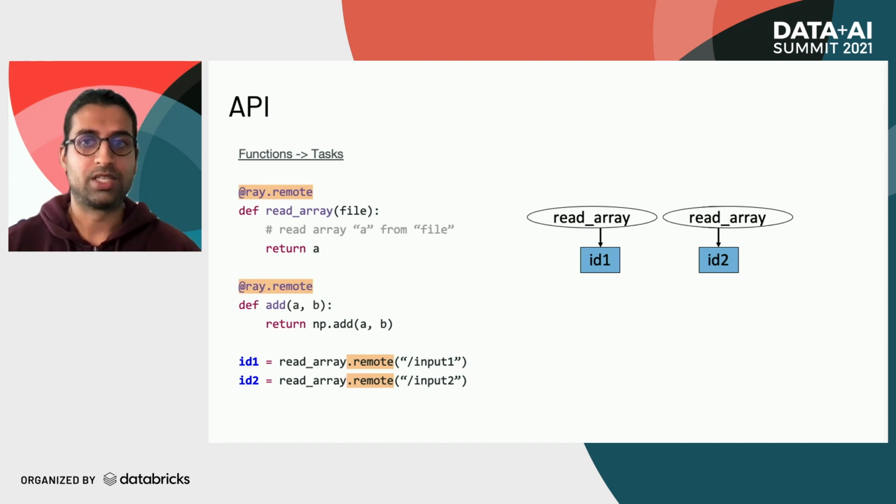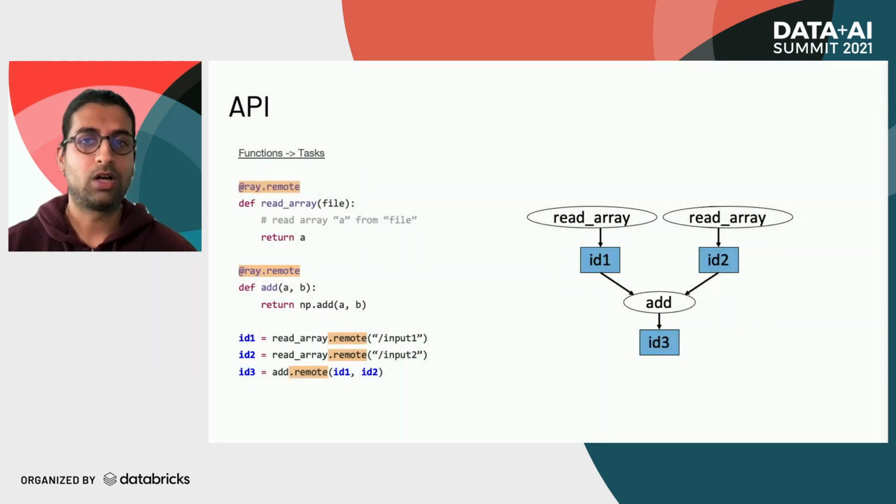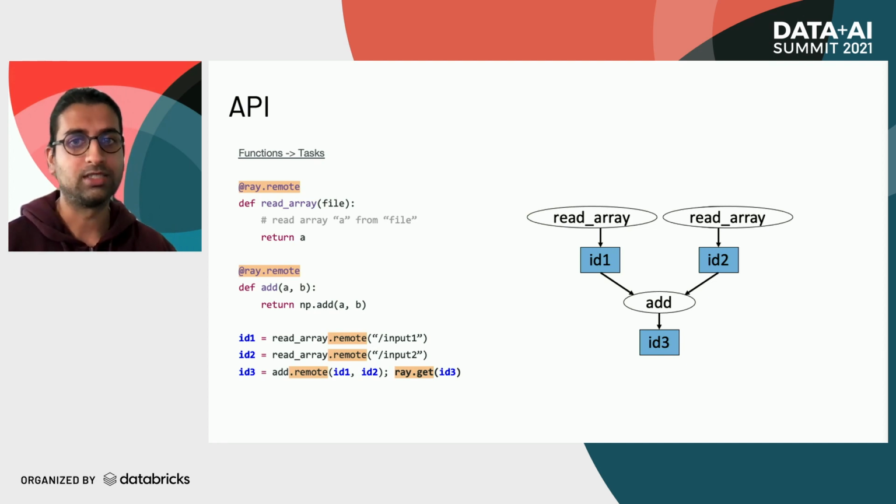So by calling this, many different functions can run at the same time. And you can also construct computation graphs using this API, and you can do it right in the Python code. Now, if you want to actually get the results, you'll call ray.get, and this will block until the tasks have finished executing and will retrieve the results. So this API enables the straightforward parallelization of a lot of Python applications, and you can find out more in the Ray documentation.